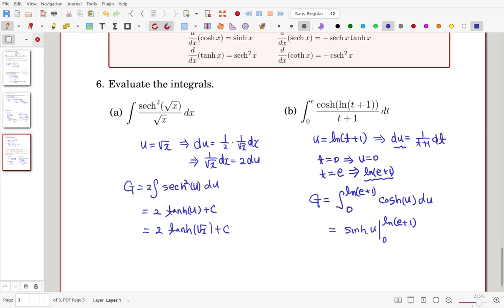Sinh of 0 is 0, so there is just sinh of u, where u is the natural logarithm of e plus 1. Okay, like that. That's the final answer.